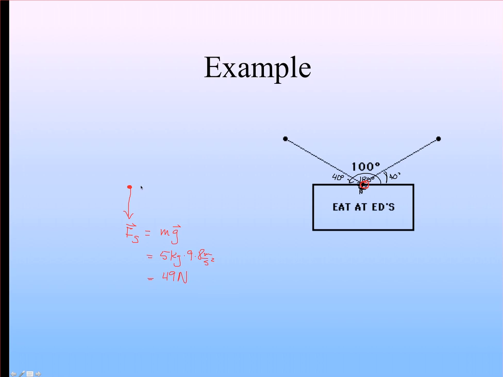Now, in addition to that one force acting downward, there'd be this force and this force. Those should look symmetrical, even if they don't. And those are acting at an angle of, again, 40 degrees to the horizontal.